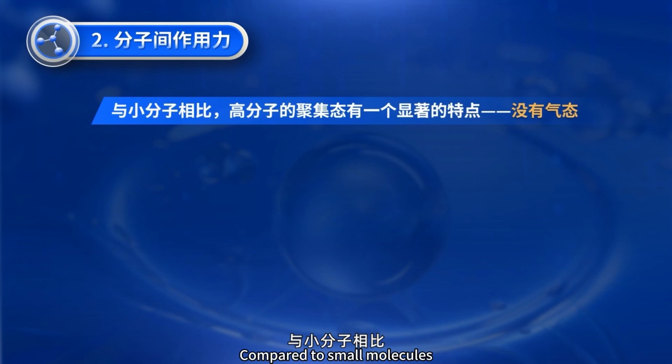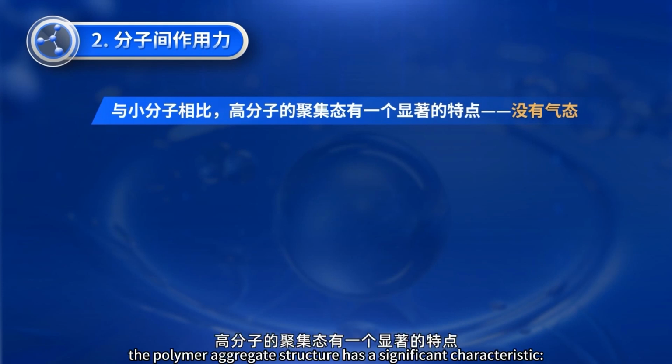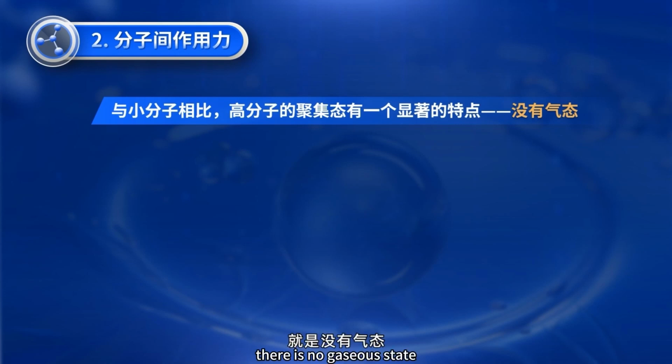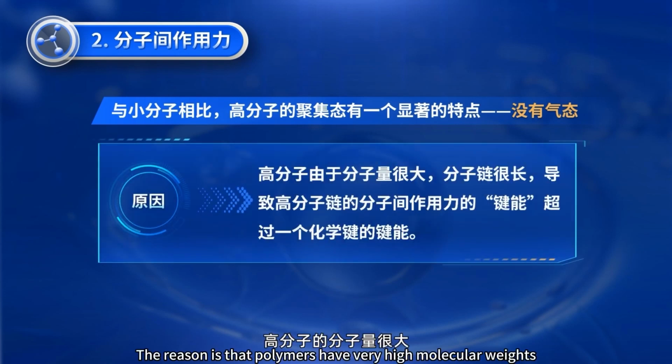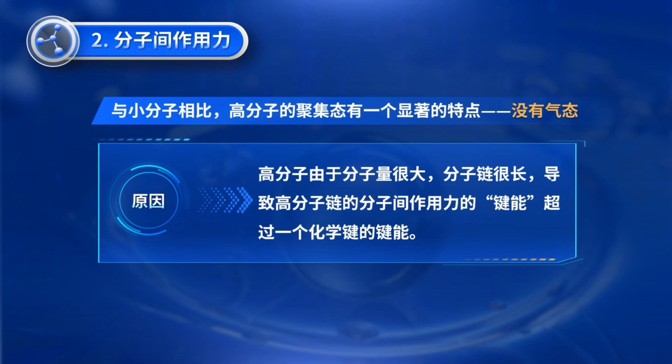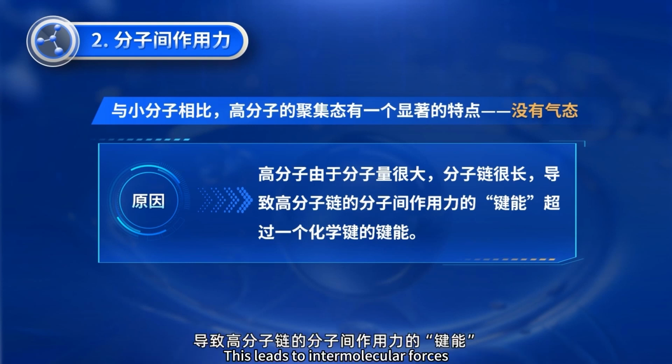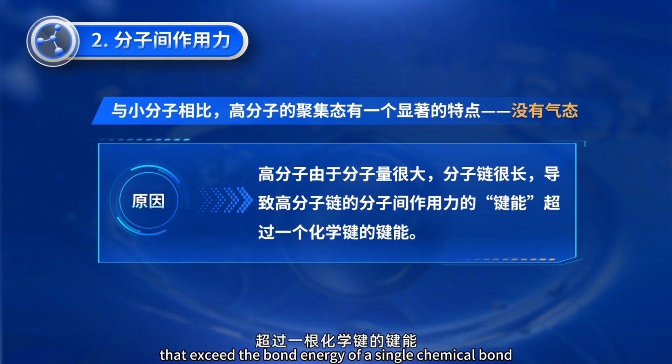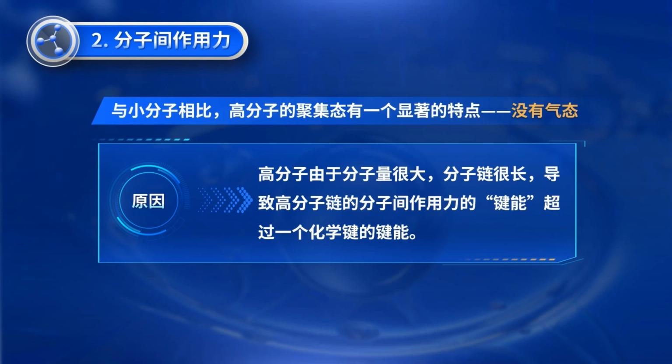Compared to small molecules, the polymer aggregate structure has a significant characteristic. There is no gaseous state. The reason is that polymers have very high molecular weights, and the polymer chains are long. This leads to intermolecular forces, also known as bond energy, between polymer chains that exceed the bond energy of a single chemical bond.